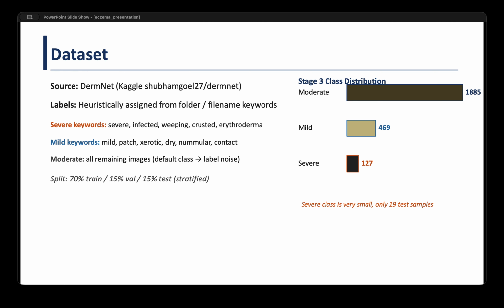This introduced label noise, which we acknowledge in limitations. The class imbalance is real. Look at this: moderate has 1885 versus only 127 for severe.